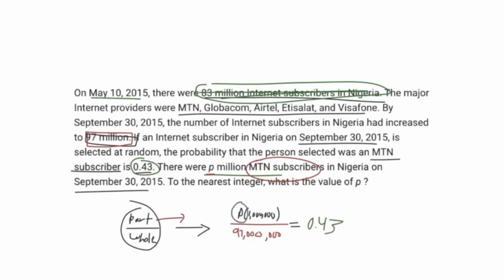So to do this, you just plug it into Desmos, right? But first, let's simplify this out, because if you type 1 million over 97 million, it's going to give you an error because that's just such a small number. So what we can do here is just simplify. We have P, and then we just divide the 1 million by 1 million and divide the 97 million by 1 million. So we get P over 97 equals 0.43.